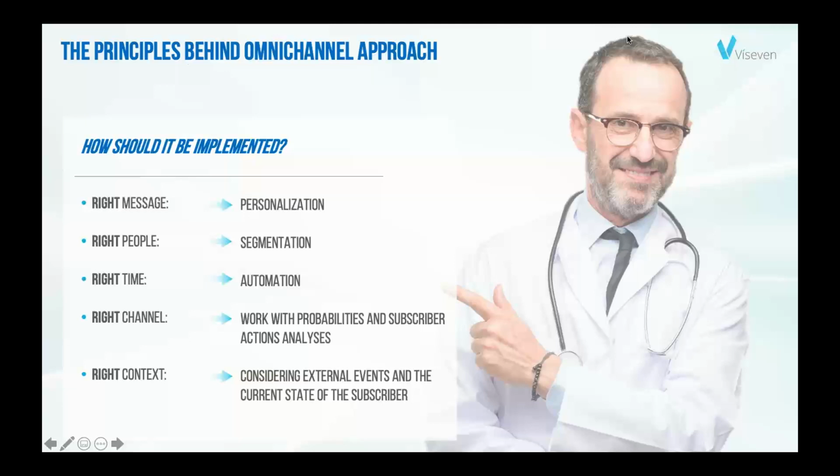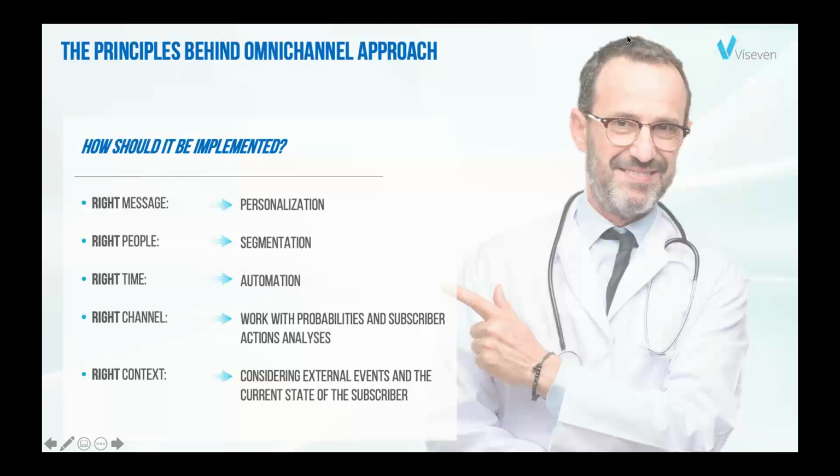We're talking about much more sophisticated segmentation that also takes into account different behavioral attributes of the HCPs. So we shouldn't just send our communication to the whole database. It's not working like in those days. We should consider to what exact segment, what exact message we should deliver at that time.